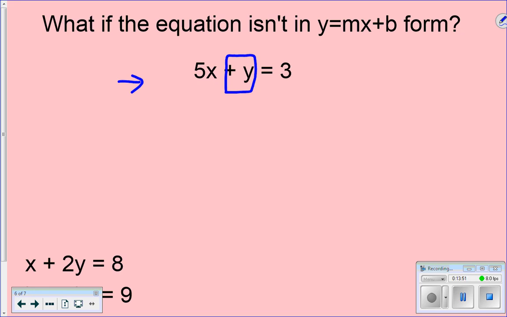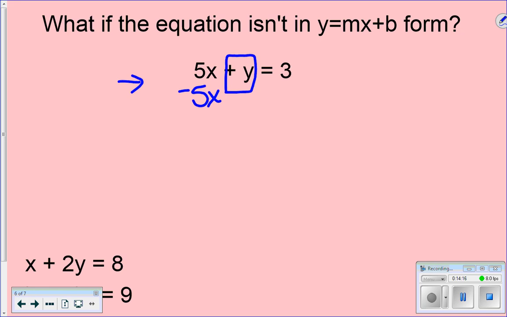So then, how am I going to get rid of this? Just listen. I'm not going to divide by 5 because I want to keep the 5 and the x together. But what am I going to do to get rid of this completely, Dylan? I'm going to move it, but how am I going to do that, Rain? I'm going to minus 5x. Just listen, I'm not done yet.